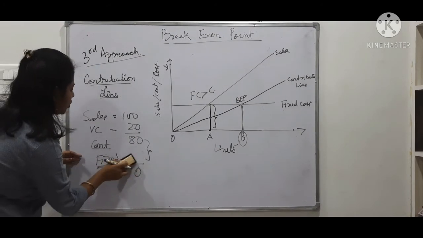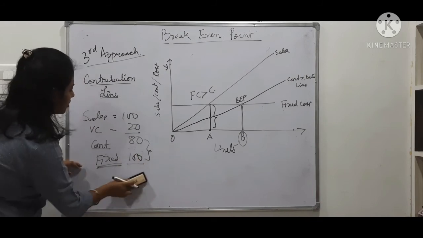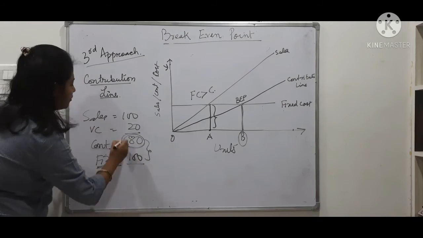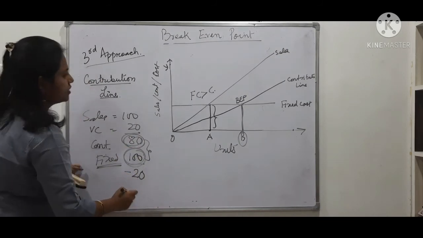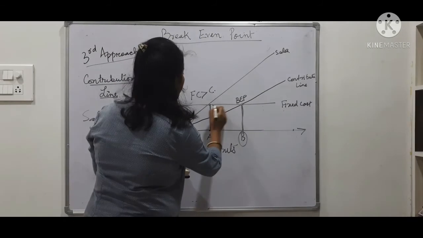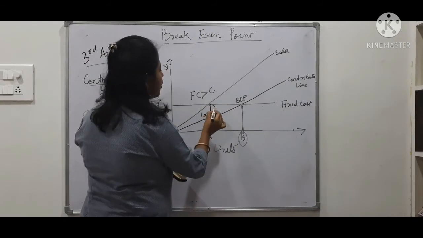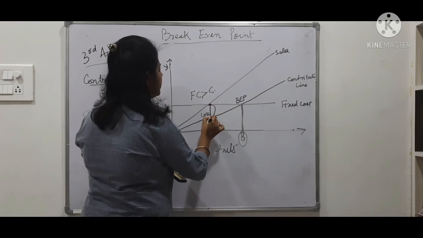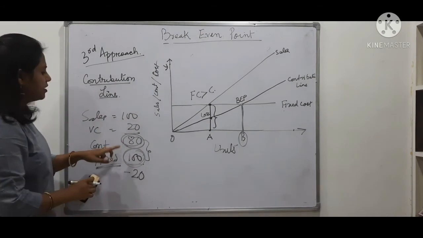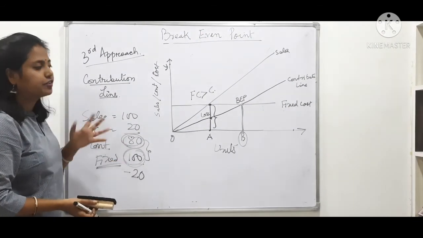Suppose your fixed cost is 100. Your contribution is not sufficient to absorb the fixed cost, so you are making a loss of 20. So this area is your loss, because your fixed cost is above your contribution line. Your fixed cost is 100 but your contribution is just 80. You could not cover your fixed cost.